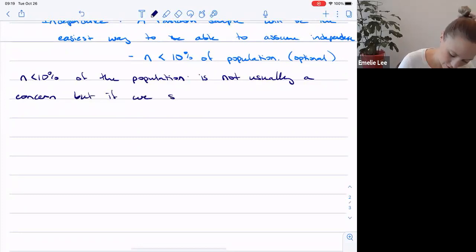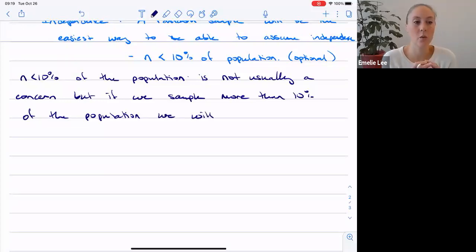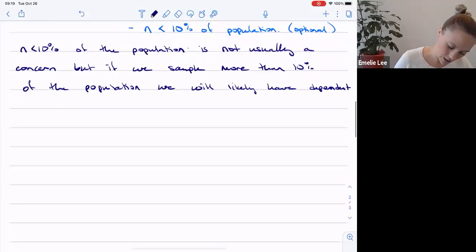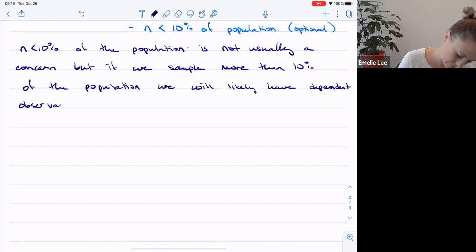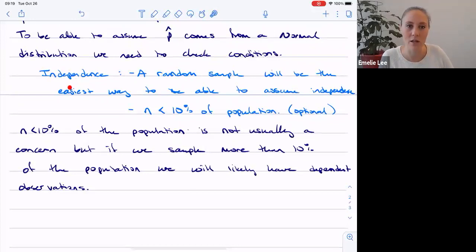But if we sample more than 10% of the population, we will likely have dependent observations, which goes against one of the conditions for assuming that we have a normal distribution.